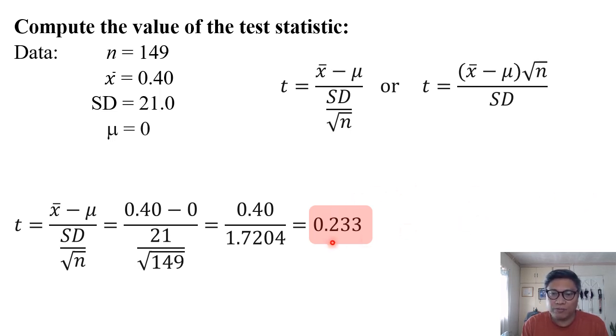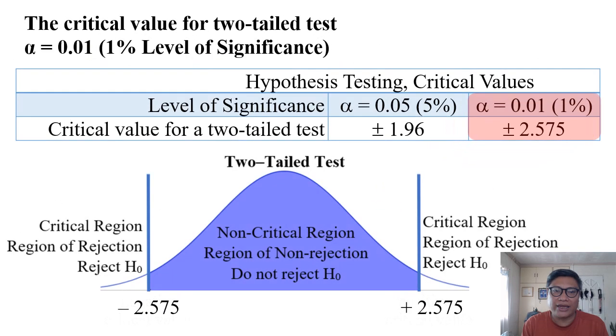So we have to plot this into our graph. And of course, we identify first what is the critical value. Because we are given that it is 0.01 or 1% level of significance, our critical value, class, should be positive and negative 2.575.